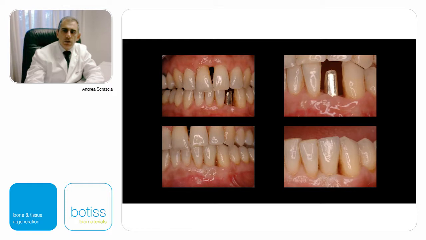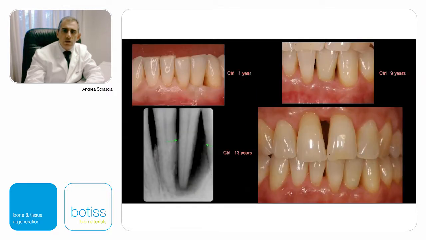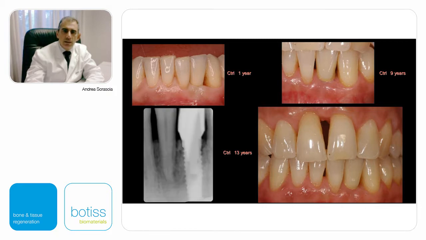These are the prosthodontic steps, and this is the result. A follow-up after 13 years, where we can notice a good integration of the crown in relation to the peri-implant tissue, and comparing the X-ray, we can see a good bone regeneration thanks to the thin alveolar bone process on the contiguous teeth.